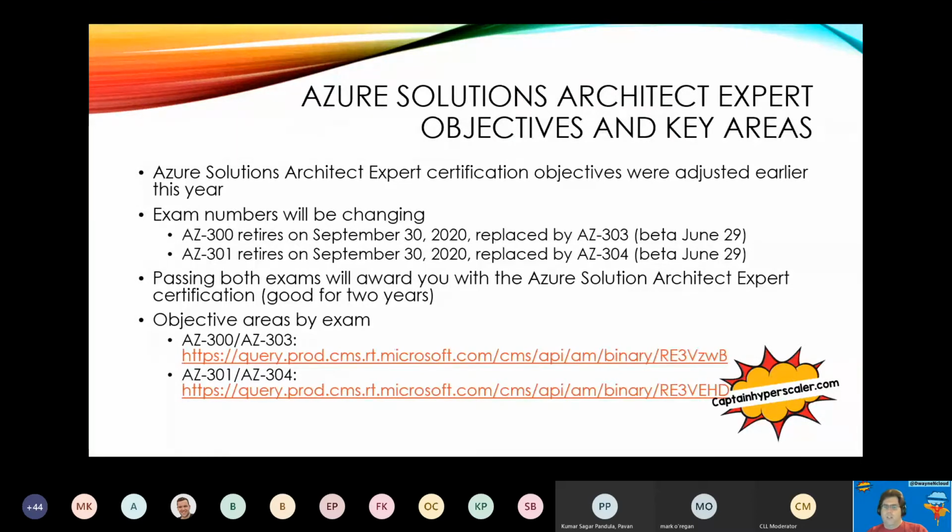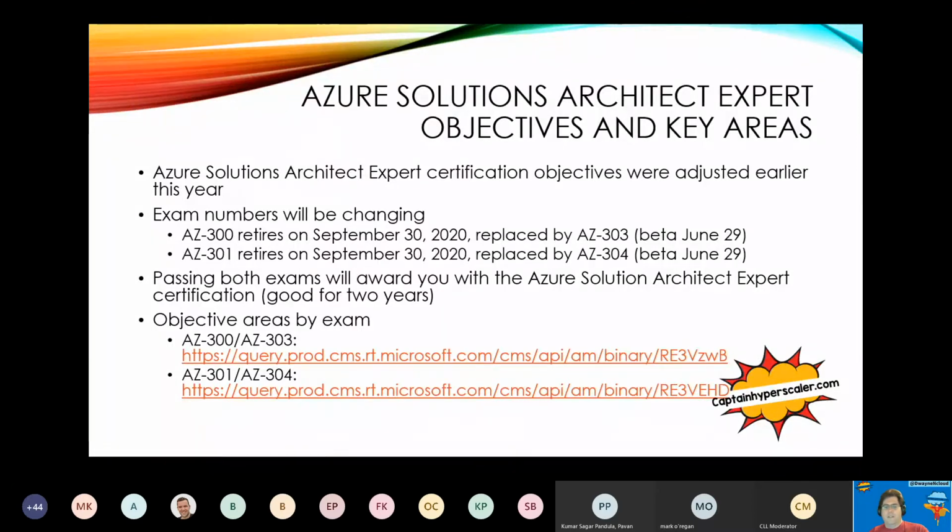They made some adjustments to the flow and the headings of those objectives, but they aren't really dramatic in terms of what they cover. They still cover generally the same areas, the same pieces. They've just done a lot of reformatting in how those objective areas are titled and things like that.